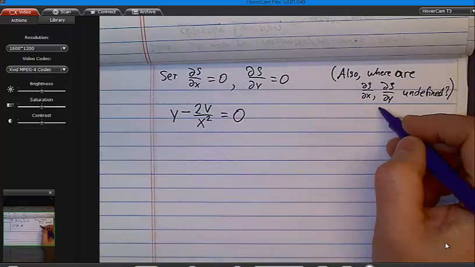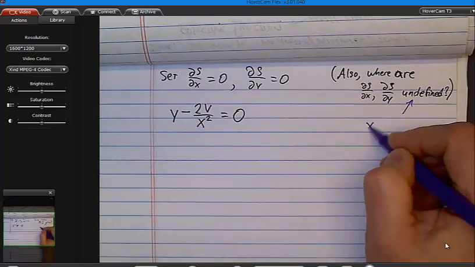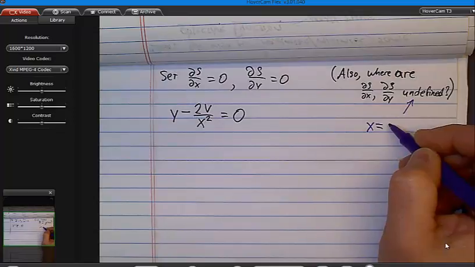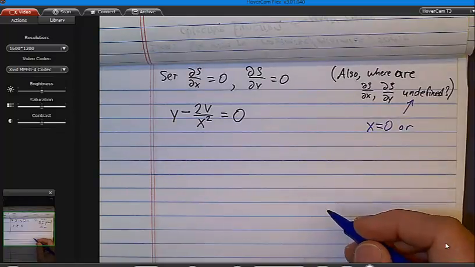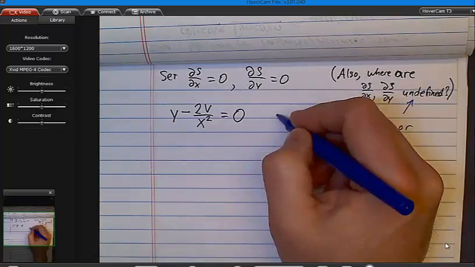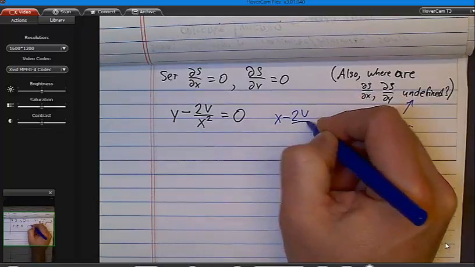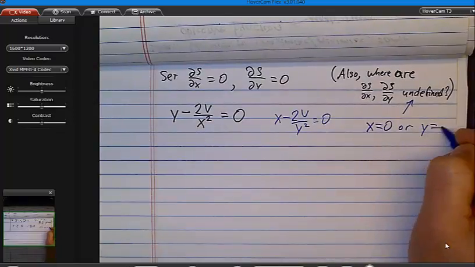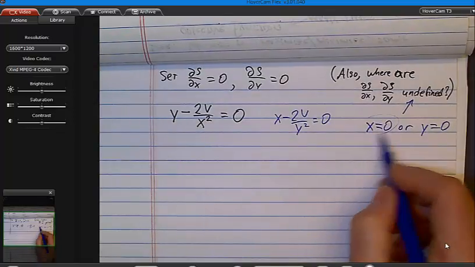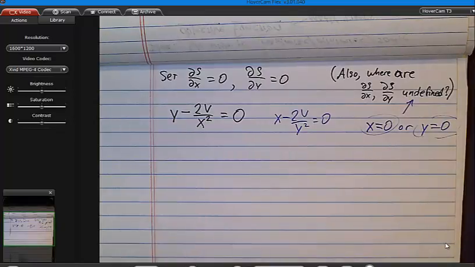This is going to be undefined when x is equal to what? 0. Or the other one, of course, was very similar. It was x minus 2v over y squared equal to 0, right? So the other one is y equals 0. So we already have a bunch of critical values. If x is 0 or y is 0, those are critical values.